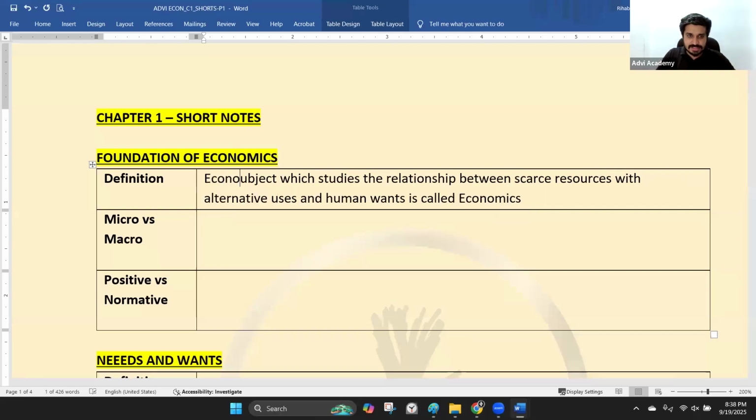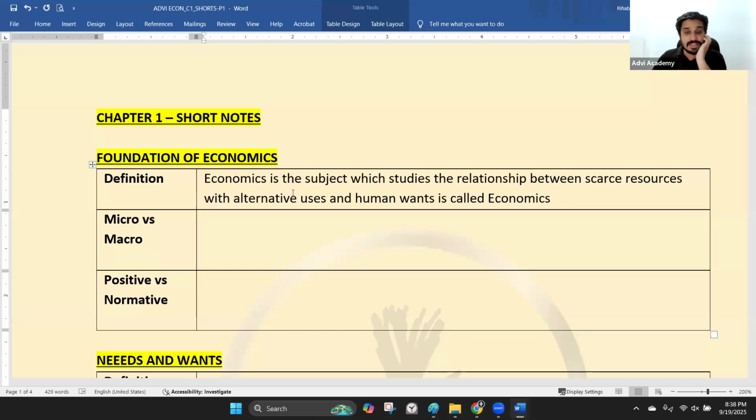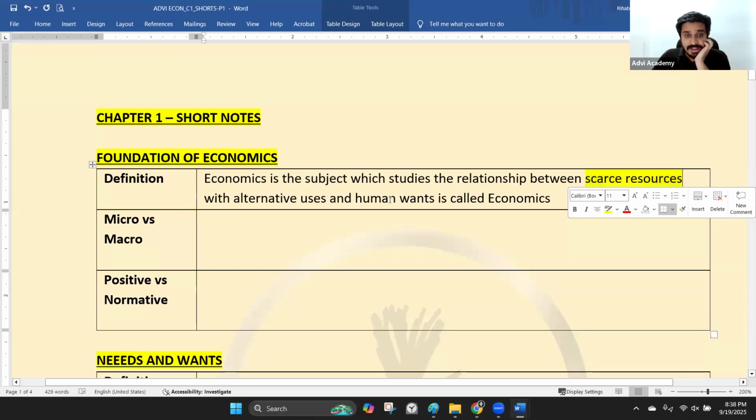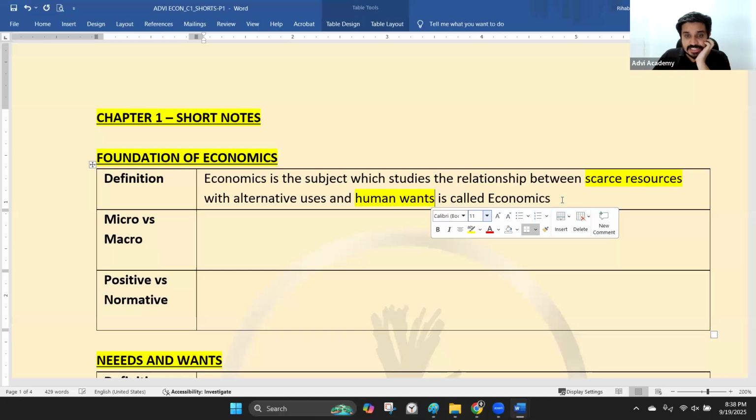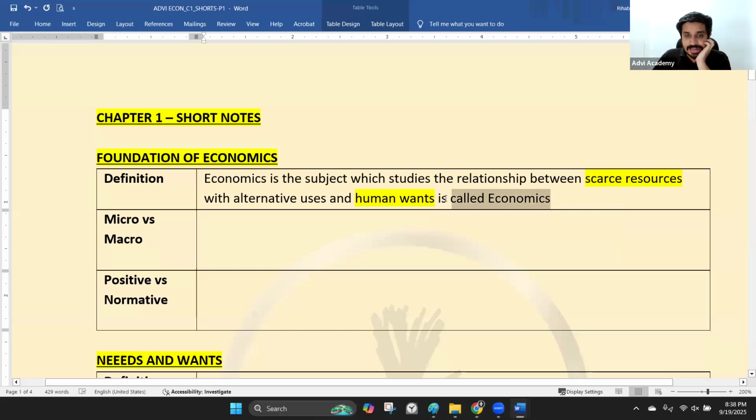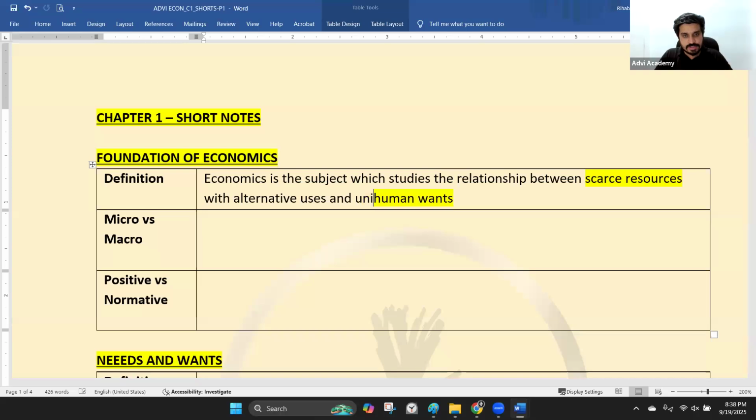Economics is the subject that studies the relationship between scarce resources and human wants. That is what is called economics, right? Let's add the word unlimited: unlimited human wants. So this is your first note in the short note, and it is also the first definition we are learning as far as economics is concerned.